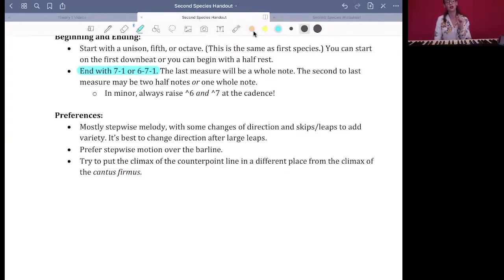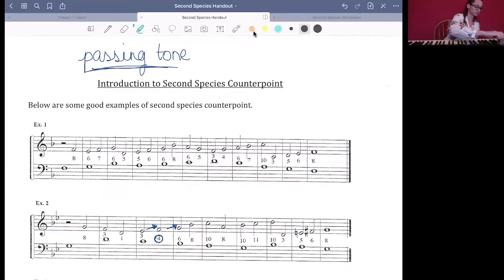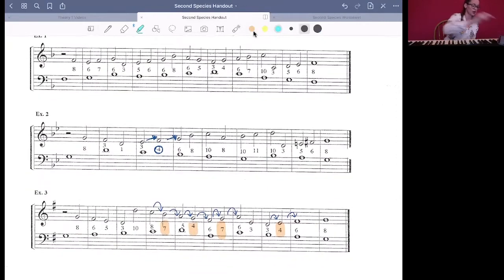So that means your cantus is always going to be going 2-to-1 at the end. So you're only responsible for either 7-1 or 6-7-1. Your last measure will always be a whole note. So if you notice in all of these examples, the last measure is always a whole note.